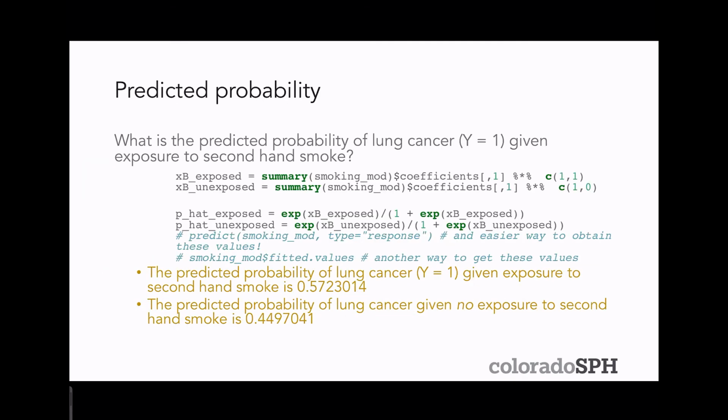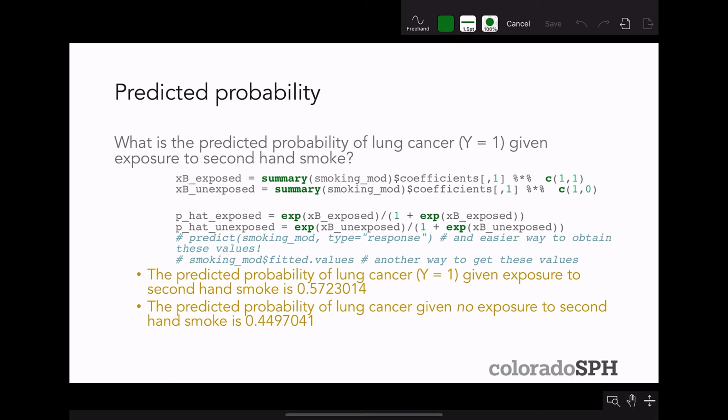So what about in our example for passive smoking and lung cancer? What's the predicted probability? So the equation for that, for any given individual pi i, given some set of x values, is e to the beta 0 plus beta 1 x over 1 plus e to the beta 0 plus beta 1 x.